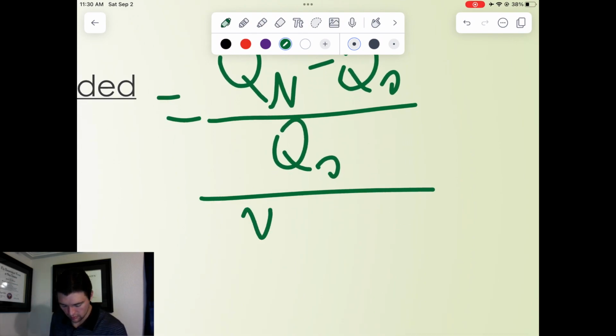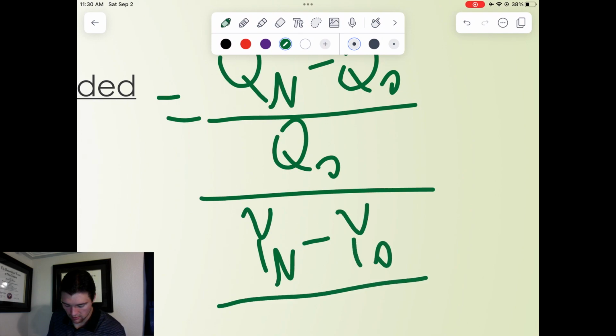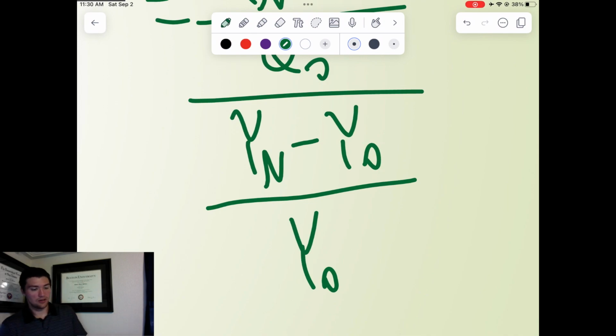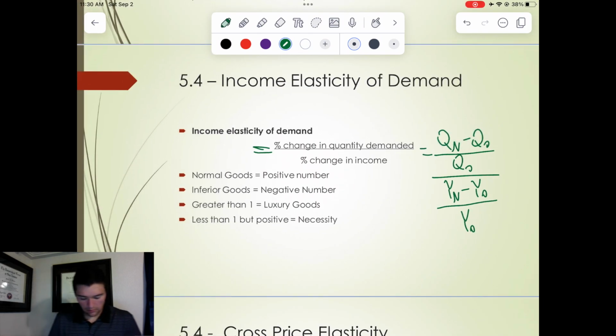Income, or Y, sometimes we use Y as income, just so you know, will be your new income minus your old income divided by your old income. Okay, we're trying to figure out because you were here and now you make more or you make less money, right? New income. How much is your quantity changing? New minus old divided by old. So that number is going to tell us what's happening.